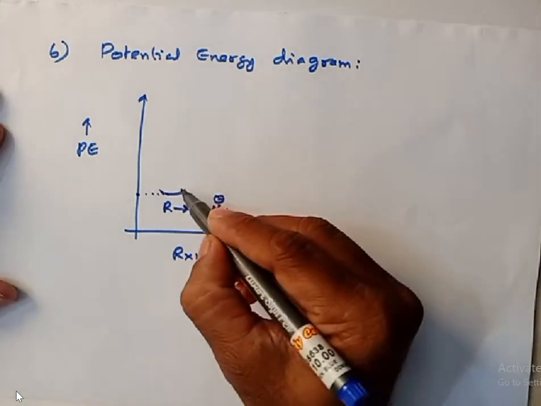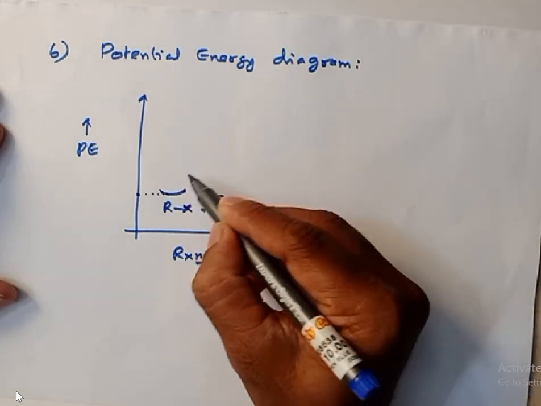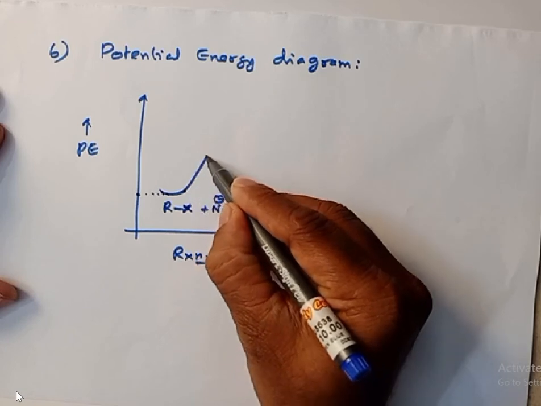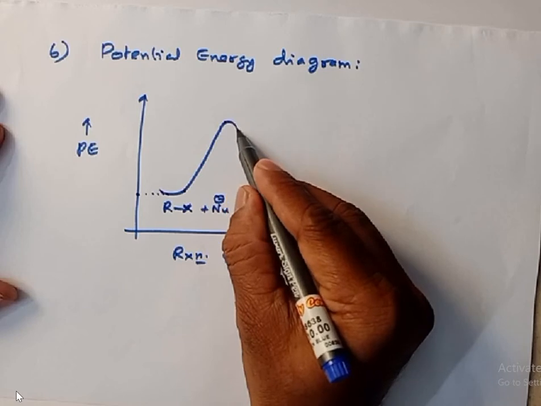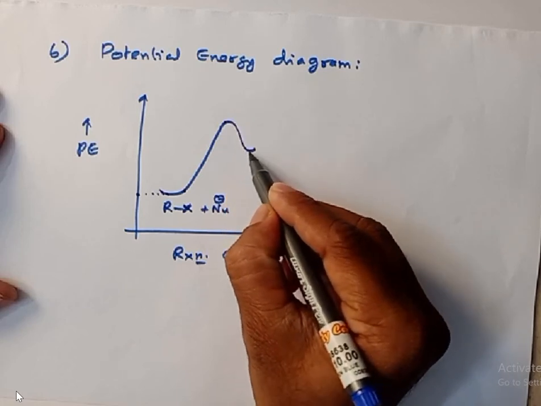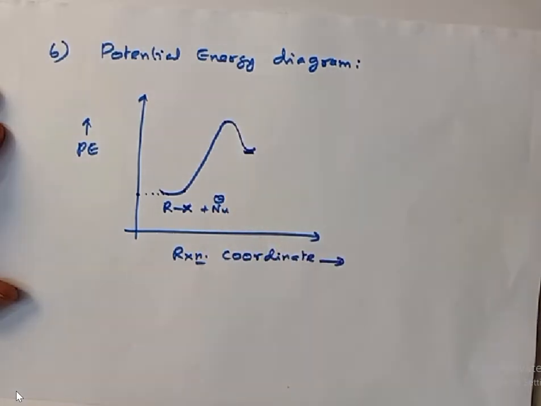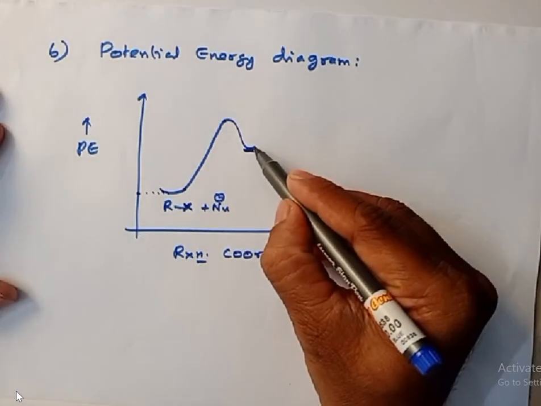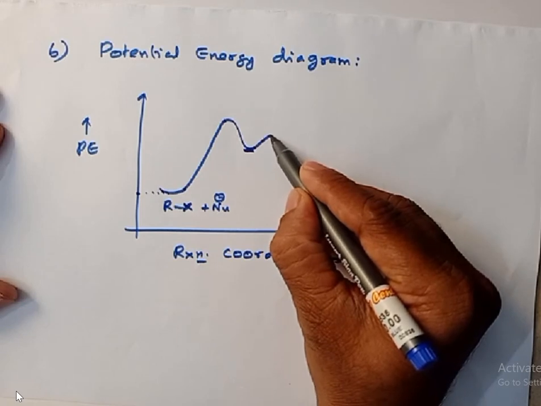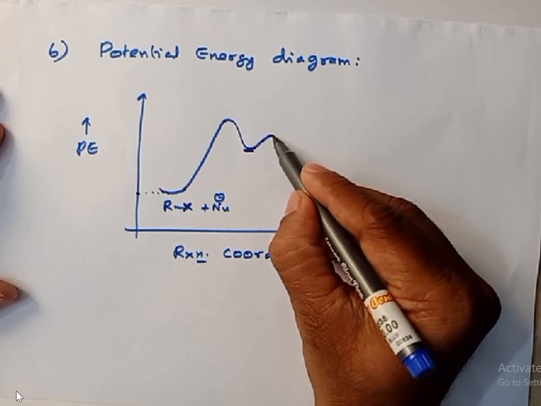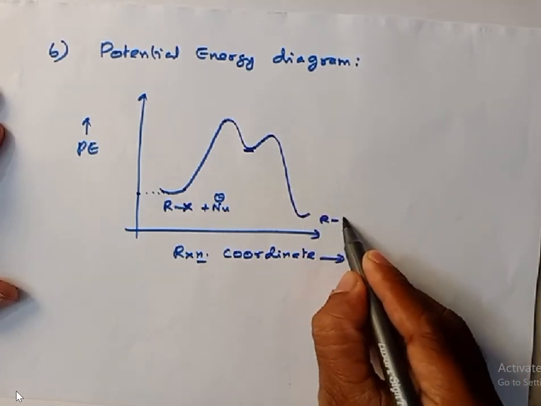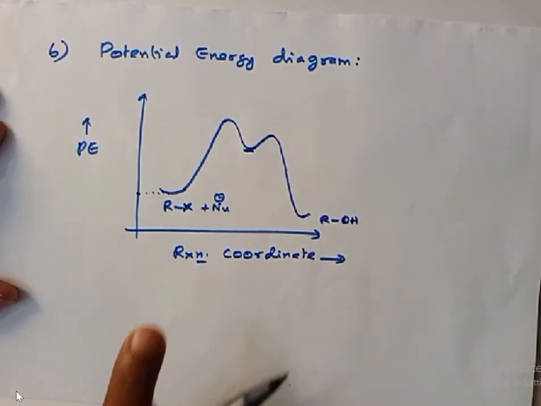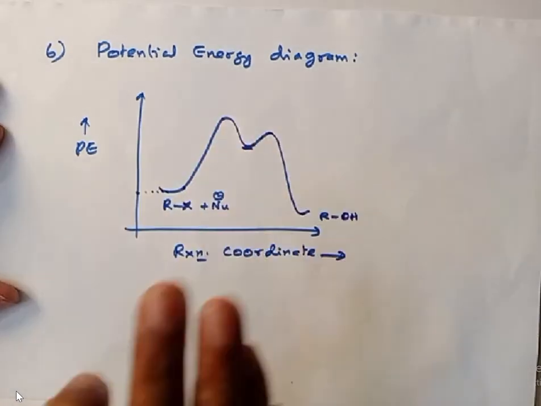When the reaction starts, when ionization starts, the potential energy increases, reaches a maximum, and then decreases and forms an intermediate. Then that intermediate again undergoes further reaction, so the potential energy increases and forms the final product. The final product is alcohol, ROH. Alkyl halide becomes alcohol. This is the potential energy diagram.